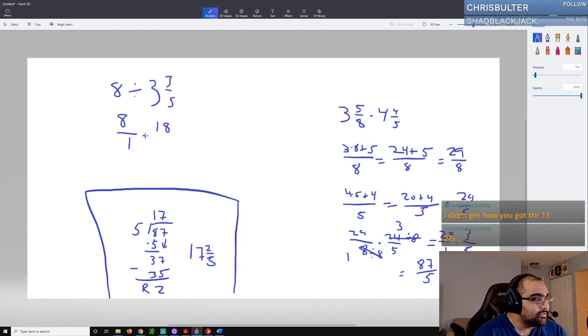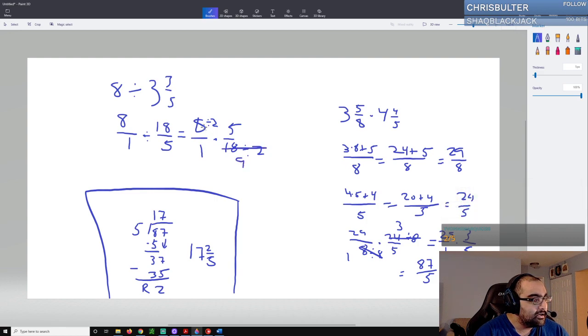So we get divided by 18 over 5. This is going to use the same rule we just talked about. We get 8 over 1 times 5 over 18. So we divide that by 2 on the top and bottom here. So here we get 9, and here we get 4.